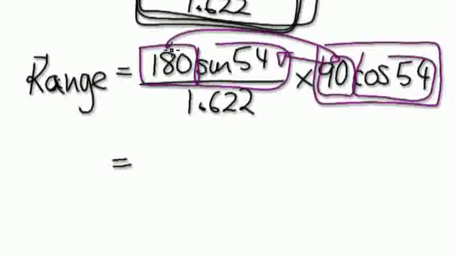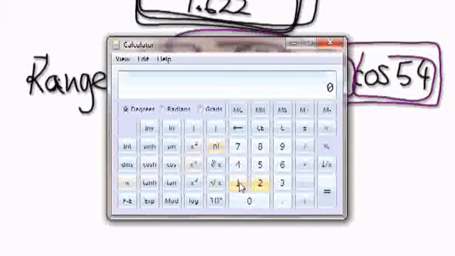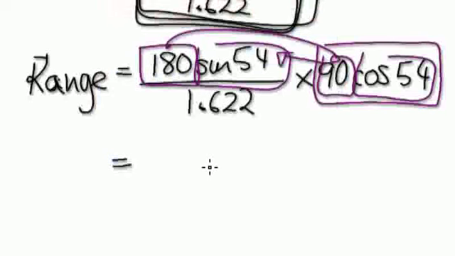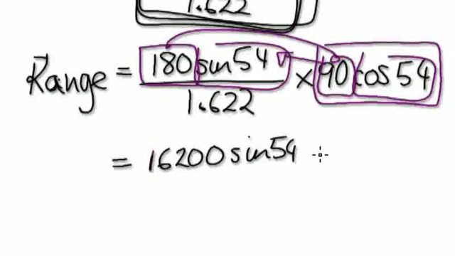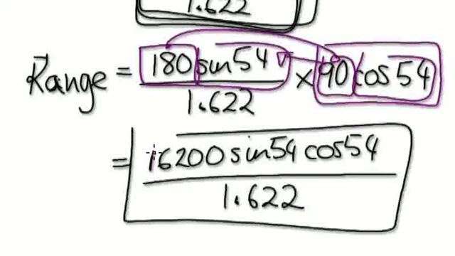So I'm going to get 90 times this thing here, which will be 180 times 90 equals 16200. So we get 16200 sine 54 cos 54 over 1.622. So our range is given by this.